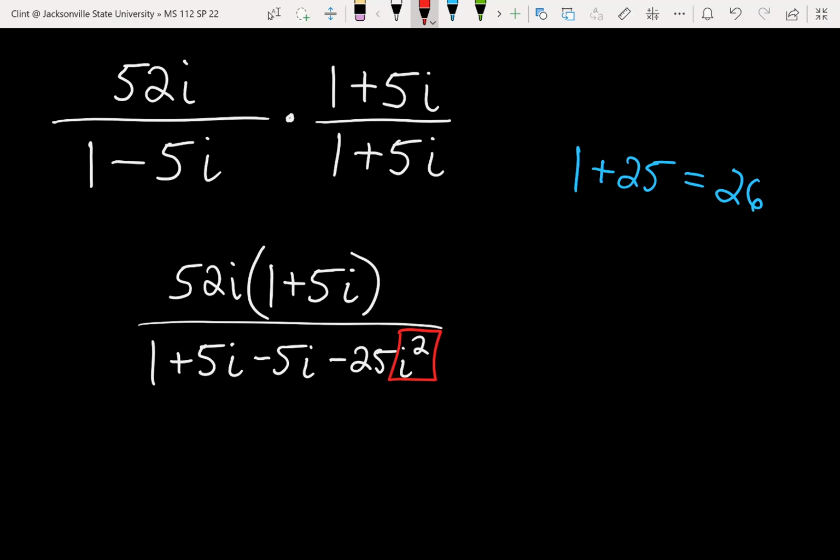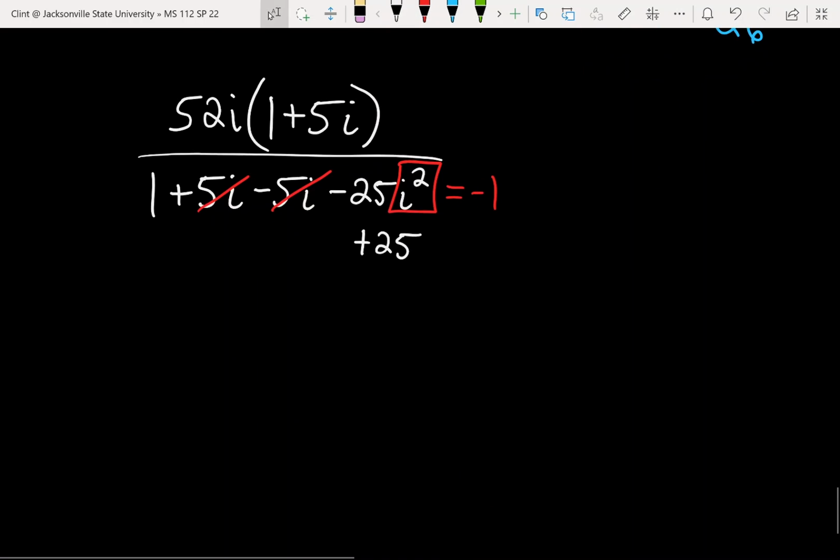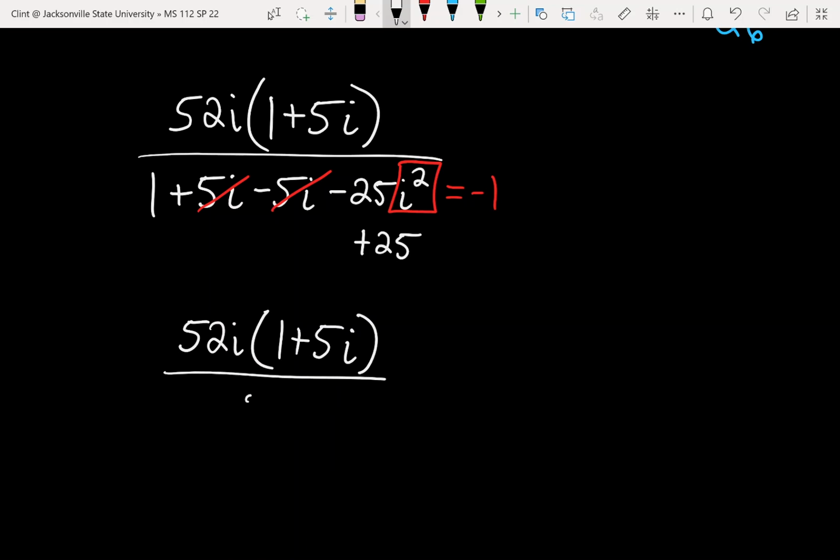But the i squared is negative 1. So that turns this into plus 25 over here. 5i, negative 5i, those cancel. On the bottom, we get what we figured out we would get with the shortcut. 1 plus 25, so that's 26.